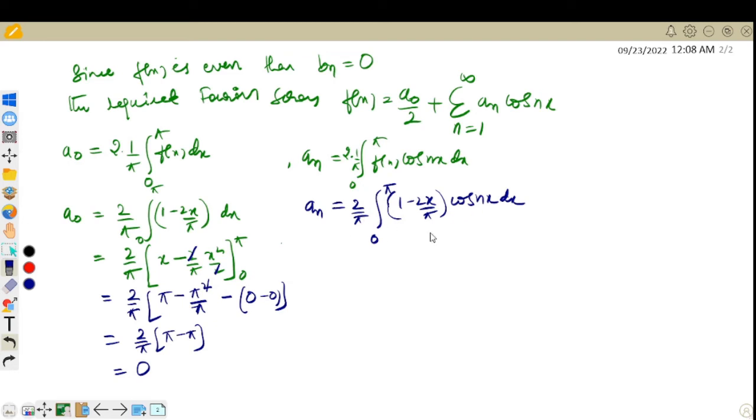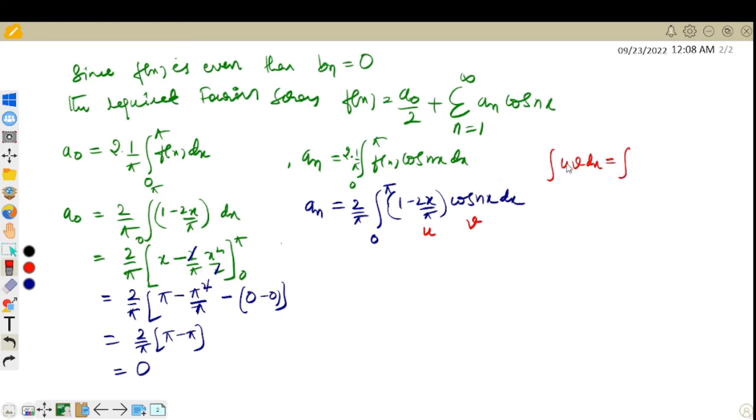Students, here we are using Bernoulli's generalized method for integration by parts, which we have already discussed in the last example. Please go through the first example, then come to this example, because there we have explained it beautifully.